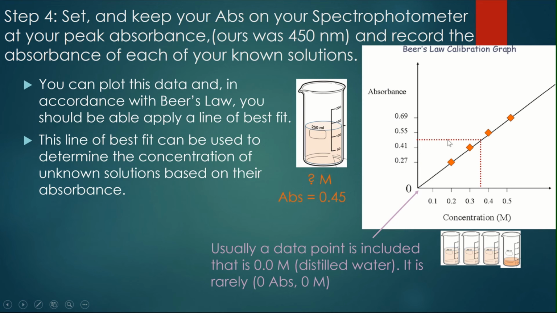So we'll follow that out till we hit the line of best fit, follow it down, and voila, a 0.45 absorbance. Looks like it'd be roughly a 0.36 molar solution. And now all of a sudden we know the concentration of our unknown solution.